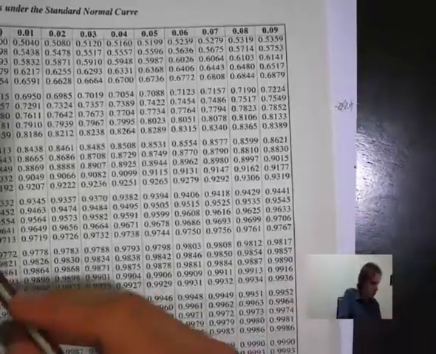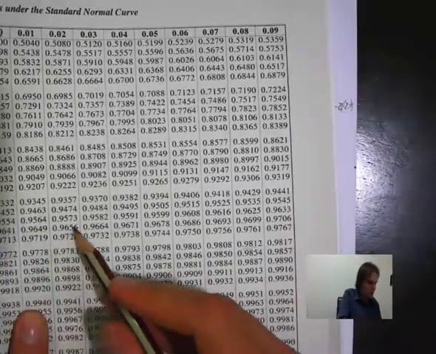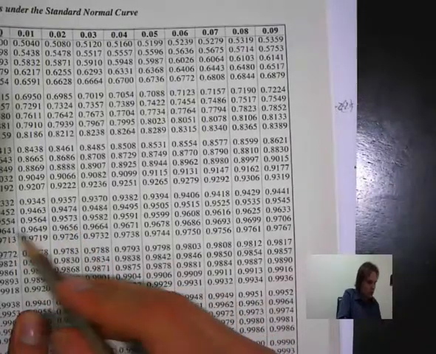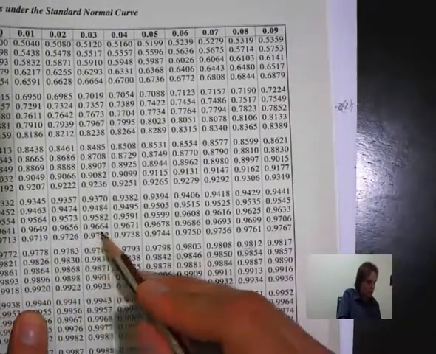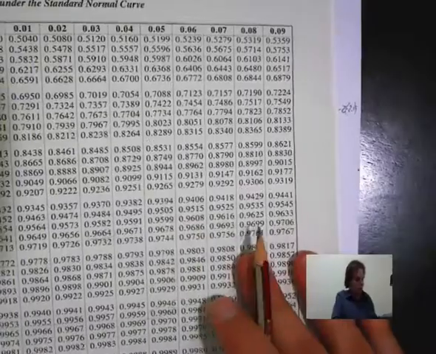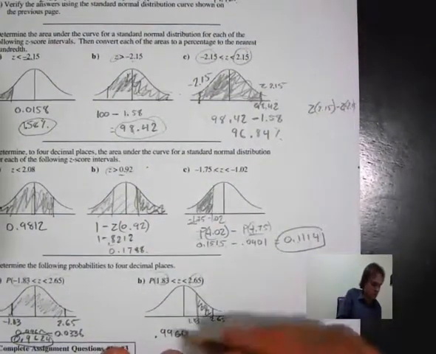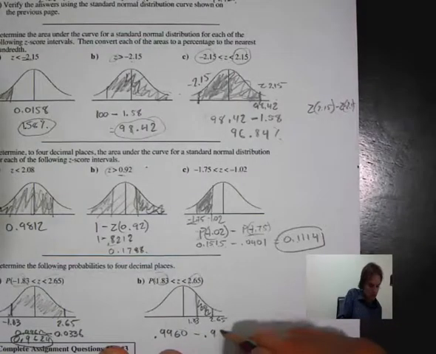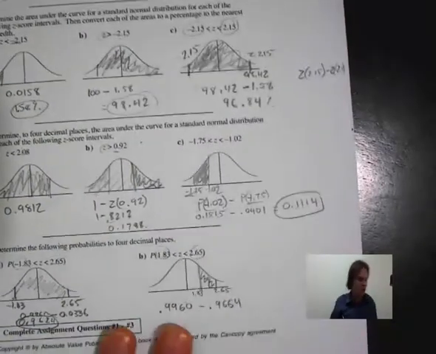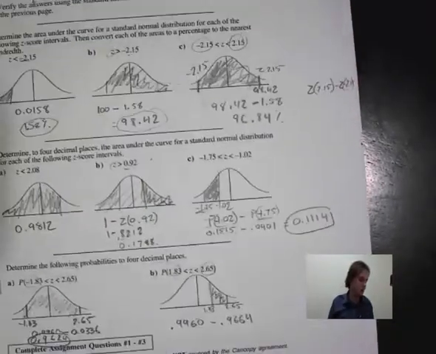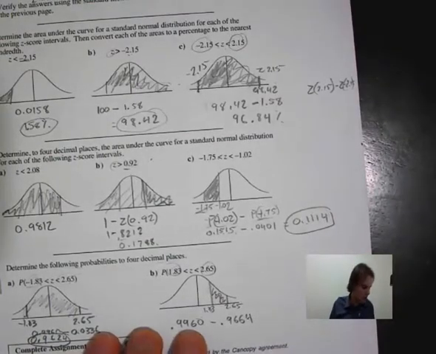And what was the next one? 1.83. So we go 1.8, all the way 1.80, 1.81, 82, 83, 0.9664. Okay? And we just subtract those, and that's what we're going to get as our answer.